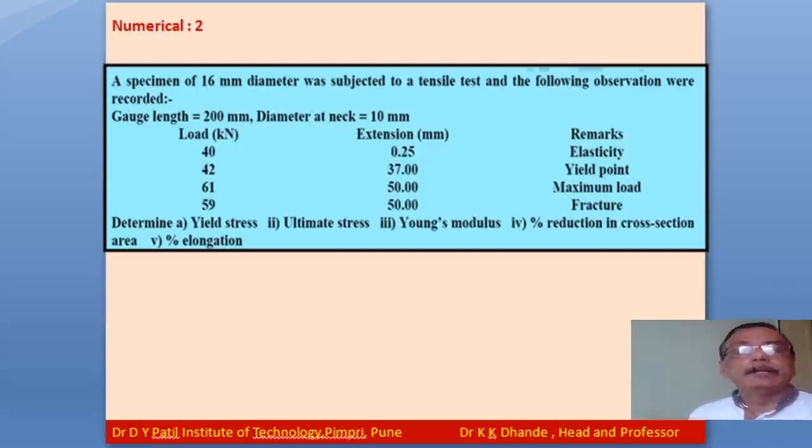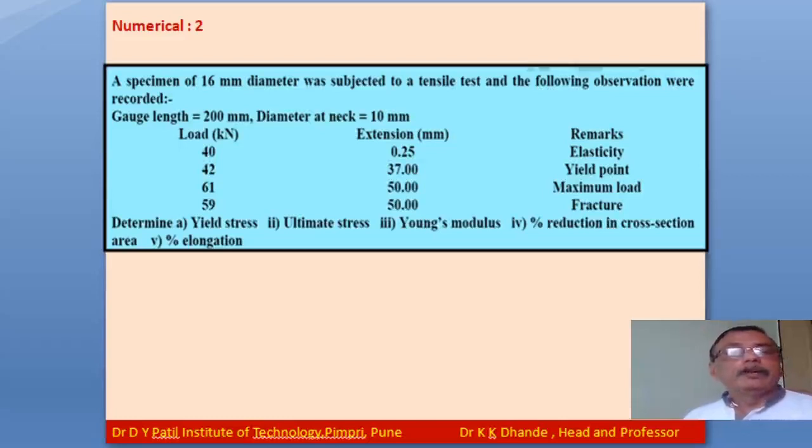And in the third column, the properties which change continuously are also given. At 40 kilonewton elasticity will be there, 42 is the yield point, so we may calculate the yield stress at this point. 50 kilonewton, 50 extension, that is the maximum load. When the maximum load acts on the rod, at that time the extension will be 50 mm.